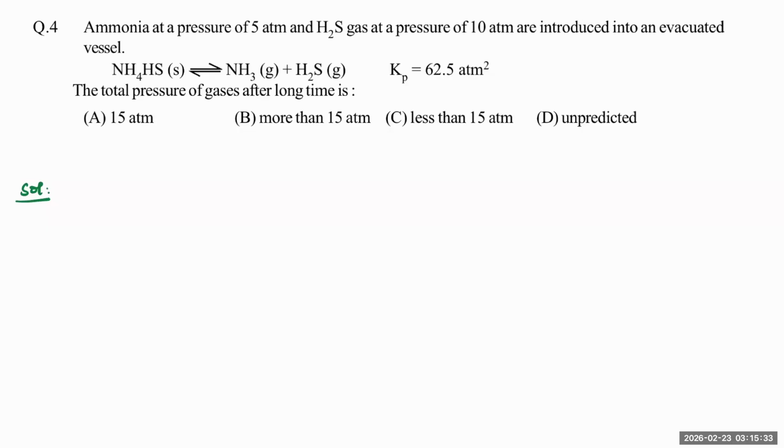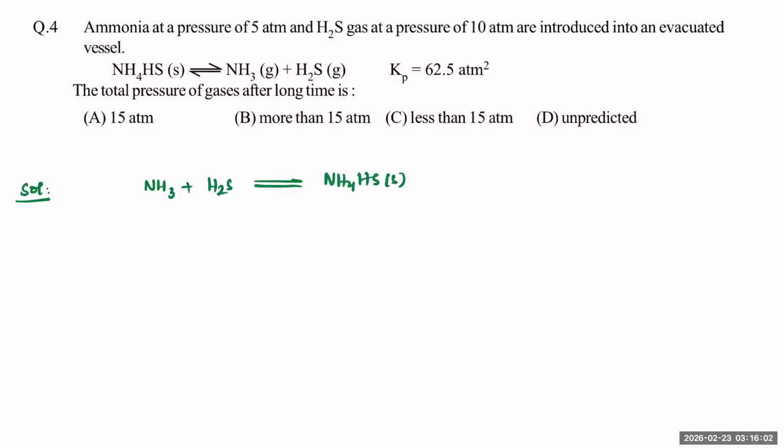At a pressure of 5 atm, ammonia, and H2S at a pressure of 10 atm are introduced into the evacuated vessel here. And we want the total pressure of the gases after a long time. After a long time means after it achieved equilibrium. When it reaches equilibrium, NH3 plus H2S is becoming NH4HS.